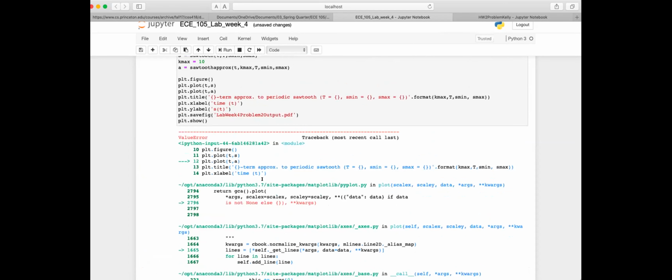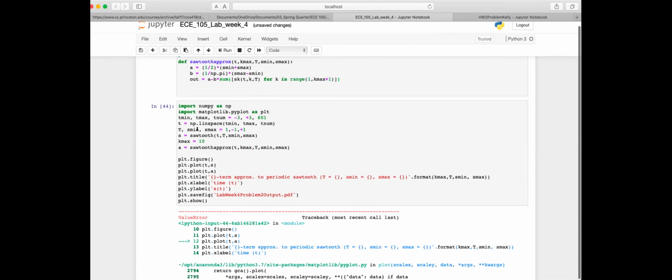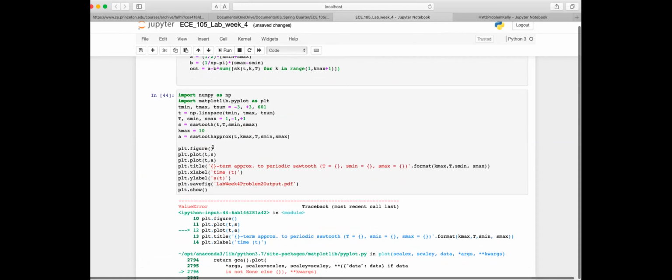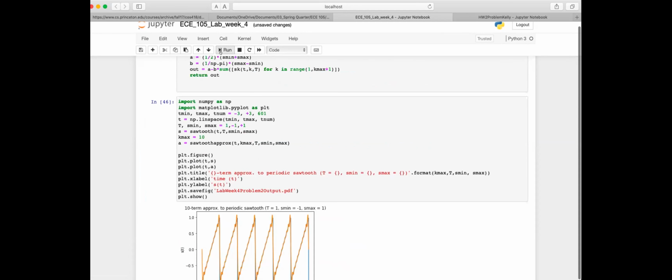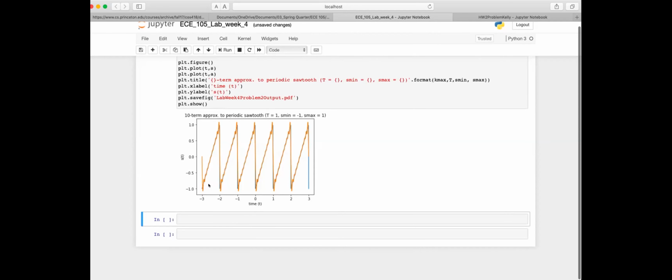What is A again? A is sum of the procs. Once we have that plot function... wait, I'm not returning anything. Oh yeah, my bad. Return out. There we go. Cool.